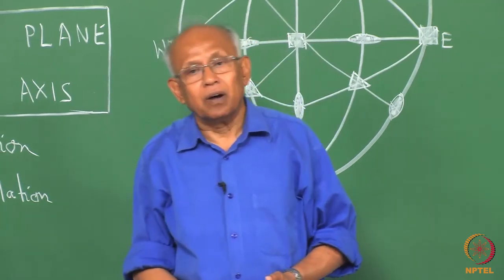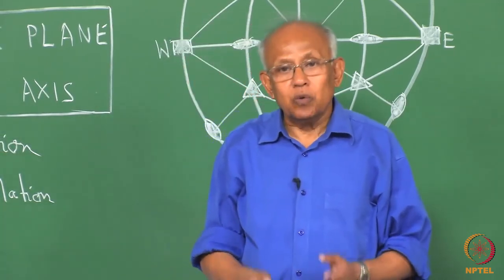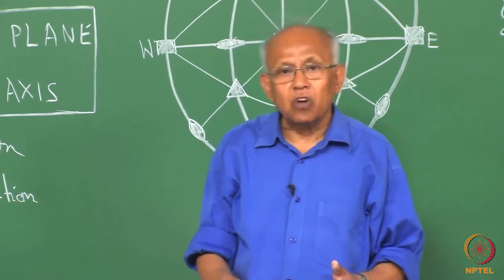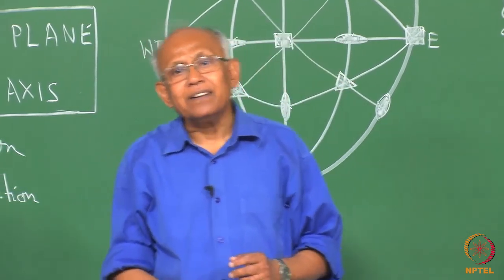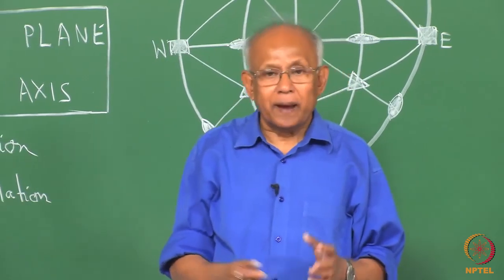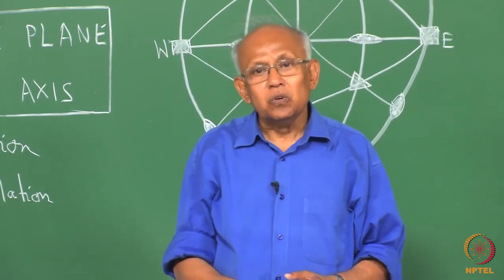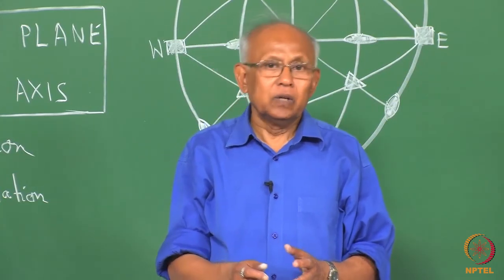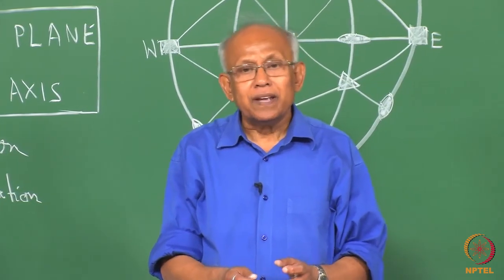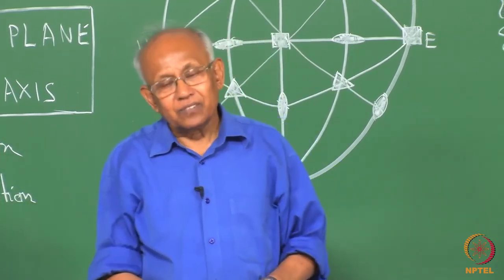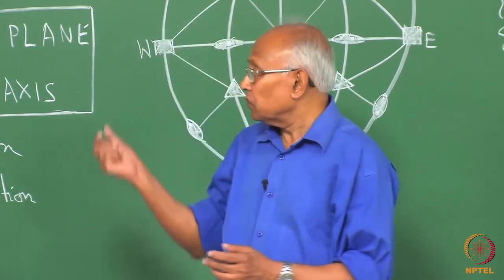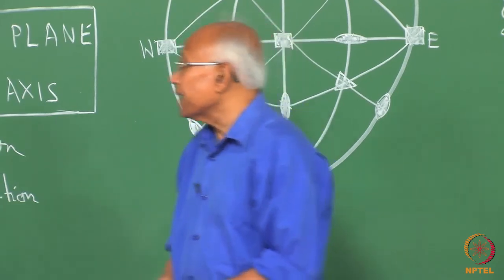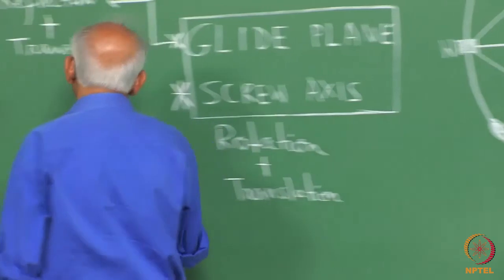6 different types of symmetry elements to yield some distinguishable arrangement of points or atoms, and those are known as the space groups. Just as we could combine the 4 symmetry elements connected with the point group in 32 different ways, similarly, these 4 plus these 2, the 6 symmetry elements, we can combine in 230 different ways.